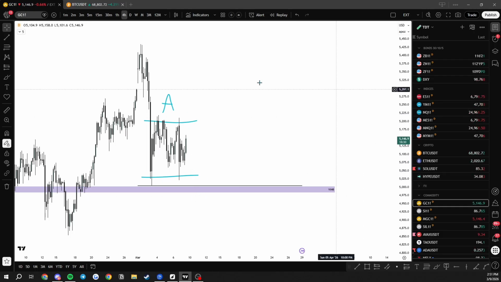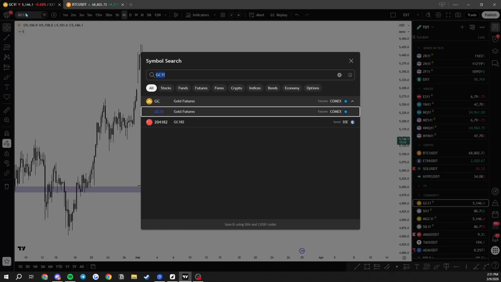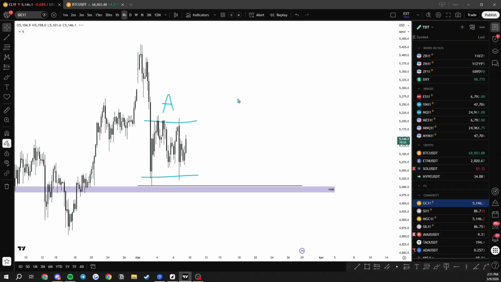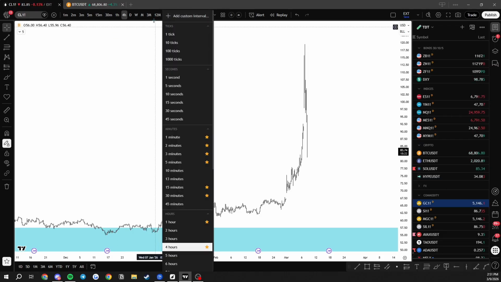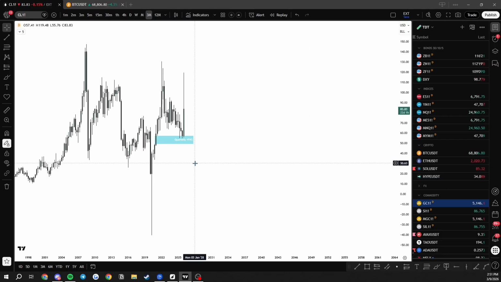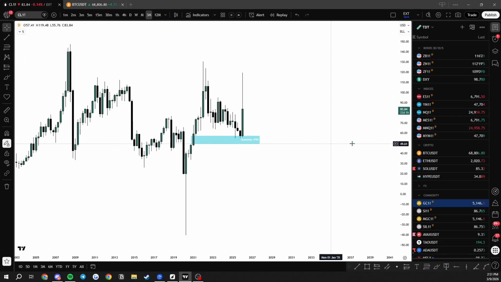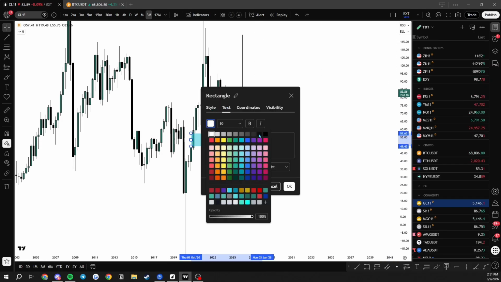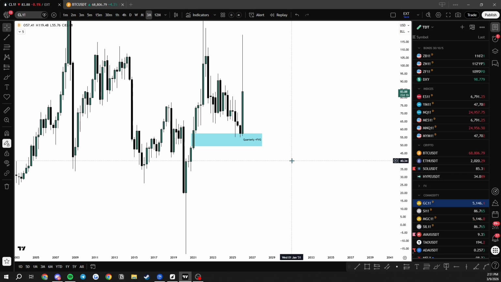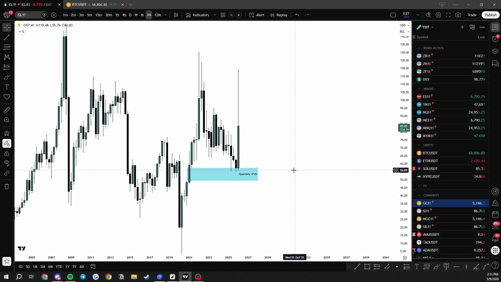Let's take a look at oil. W call out on oil, right? Like I told you guys, right now we are inside of a quarterly fair value gap. If you remember, we talked about quarterly levels being a big part of how I was able to make so much money last year, how I was able to amass a decent sized following, how I was able to catch tops and bottoms.